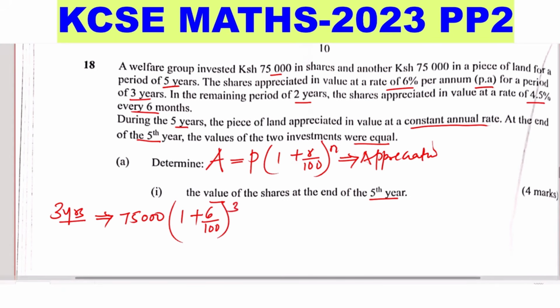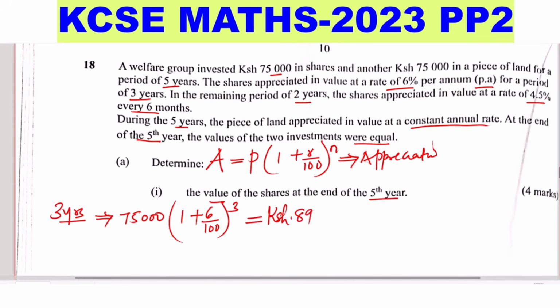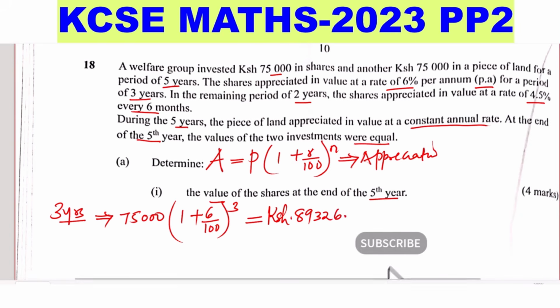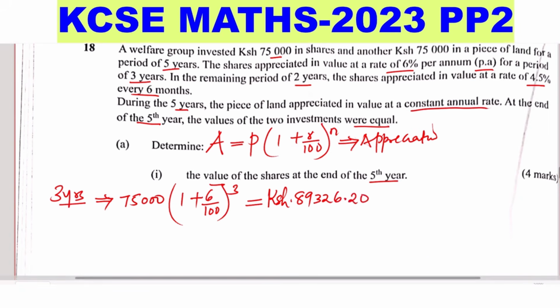This will give us the amount at the end of 3 years. When you work this out using a calculator, 75,000 into brackets 1 plus 6% raised to power 3, this will give Kenya shillings 89,326 and 20 cents. That is after 3 years.